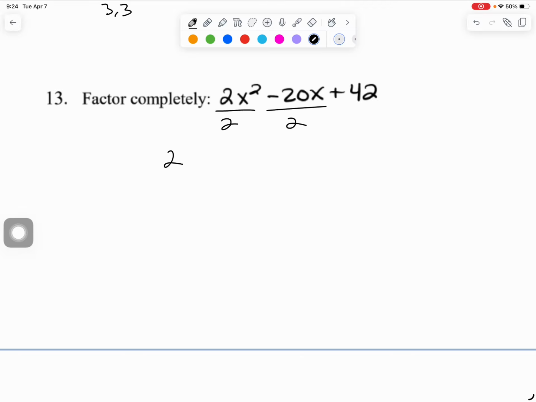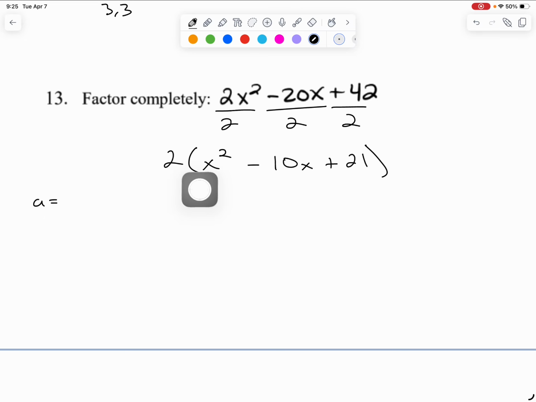Divide all by 2. That'll leave us x squared minus 10x plus 21. Now we have a equals 1, b equals negative 10, and c equals a positive 21.